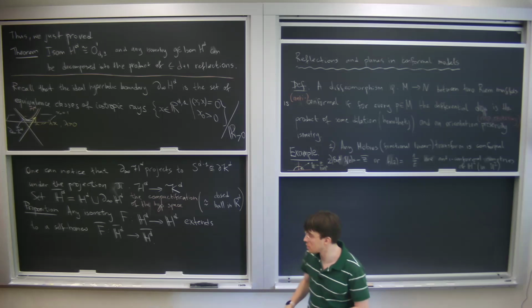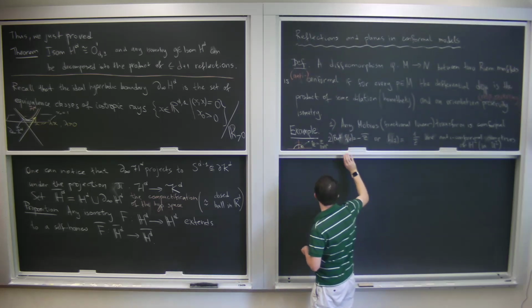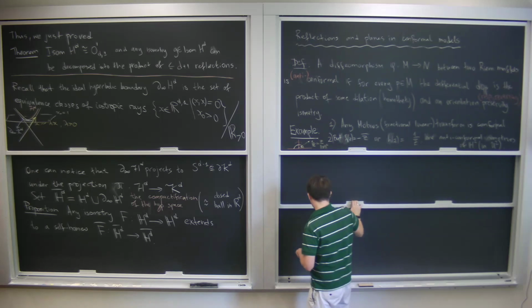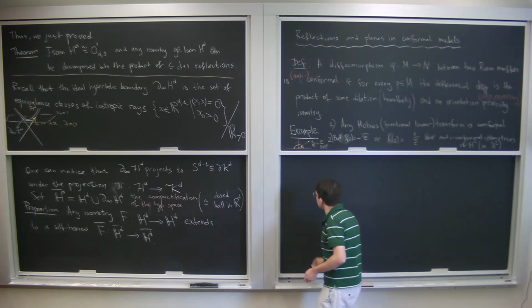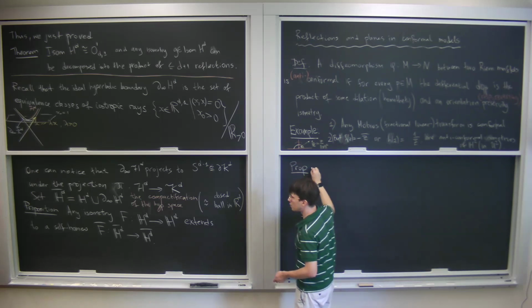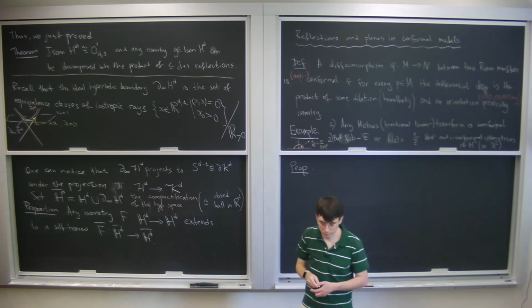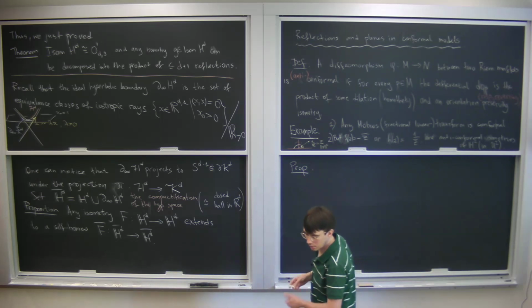Then this is a more general proposition, which I'm going to write down here: every inversion is a smooth and anti-conformal map.